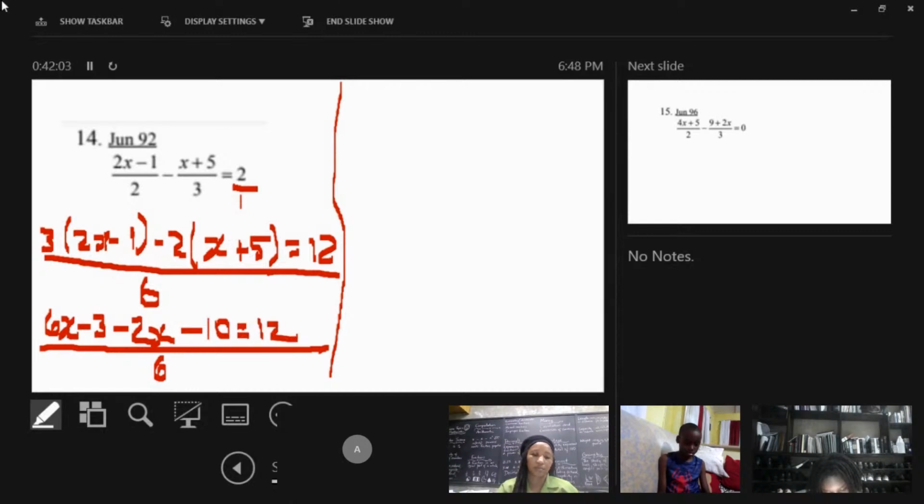Okay. We put the like terms together, which is 6x and the 2x, so 6x minus 2x is equal to 4x.